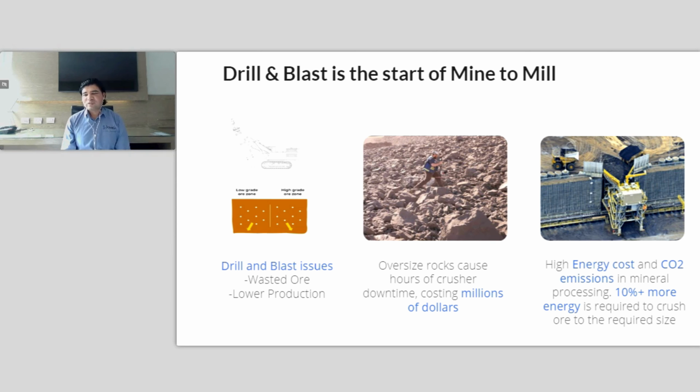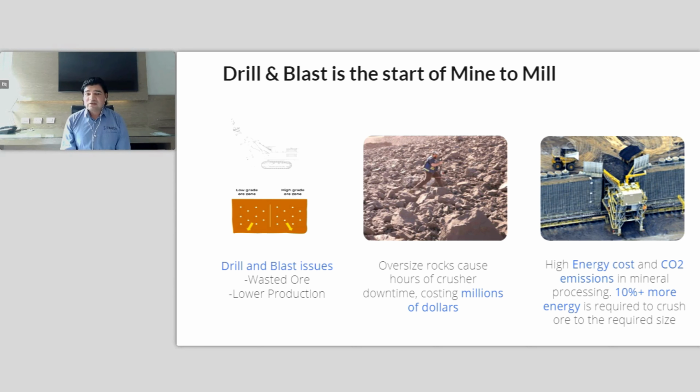Not only that, drill and blast issues lead to wasted ore and lower production, which means you're getting lower cost per ton, or in metal mine scenarios, a lot of dilution occurs, which results in a lot of oversized rocks, which has an adverse impact on crusher downtime. And we always see how much money crusher downtime can cost here.